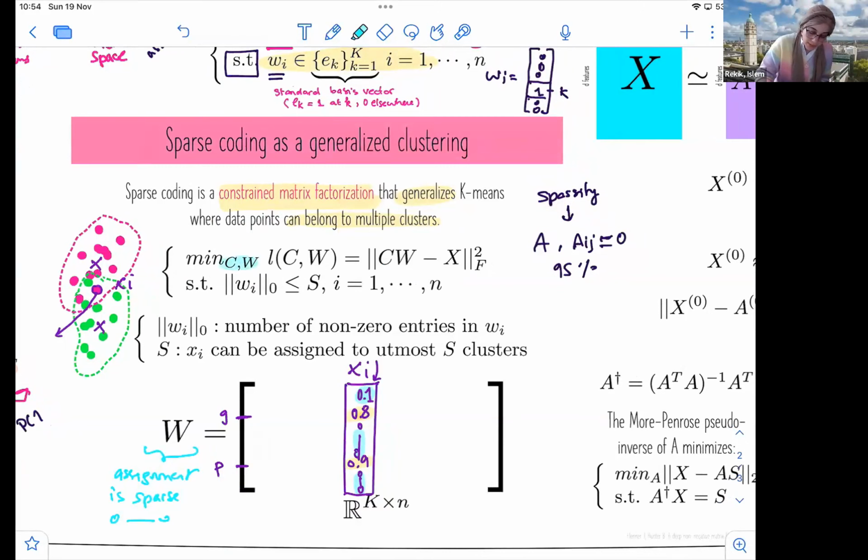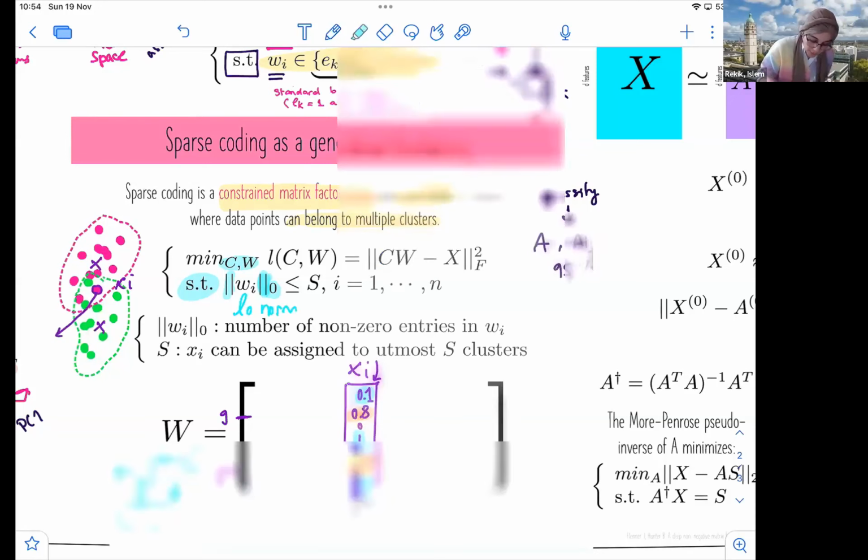We minimize over C and W the same loss function that we defined here, very simple, but we add a constraint: subject to the L0 norm of W, this is called the L0 norm in sparsity, the L0 norm of W is smaller than S. So what is L0?